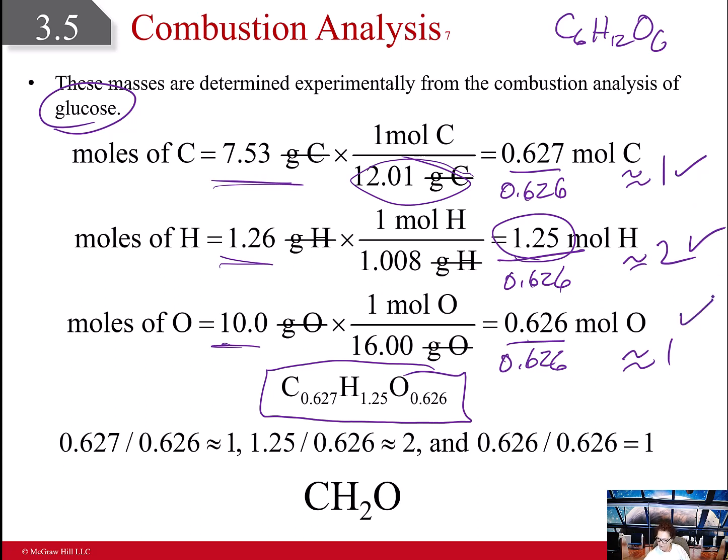And so my empirical formula is going to be CH2O. And remember, glucose is C6H12O6, which, if I divided by 6, would give me that as the empirical formula. So that makes sense.